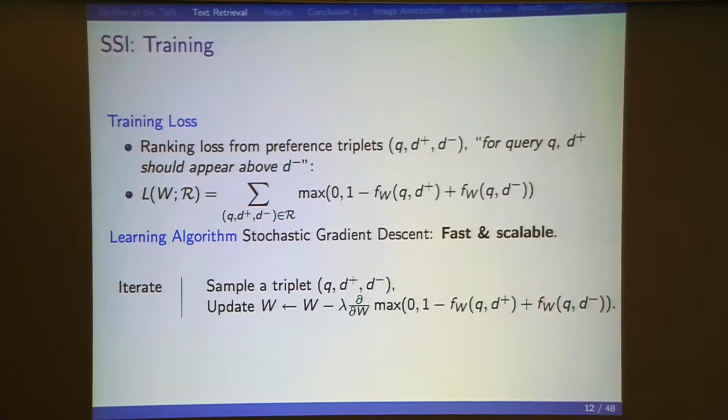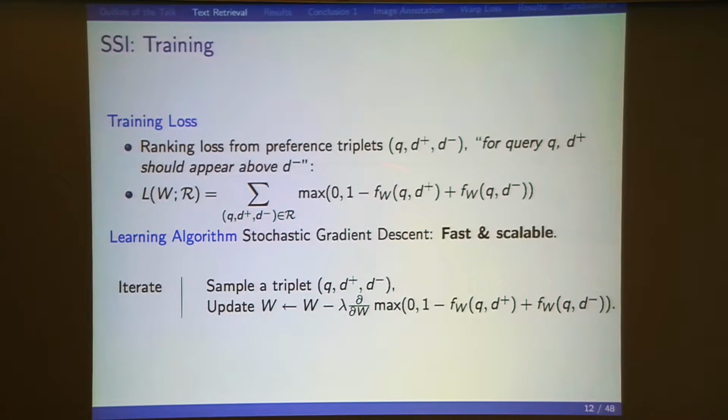Now we can just train those things, and we just use a standard ranking loss. I don't know if you all know it. It's basically stochastic gradient descent, and you pick a random, well, we write it as triplets. Let's say you know a triplet where Q is the query, D+ is the document that should be relevant for that query, and D- should be irrelevant.